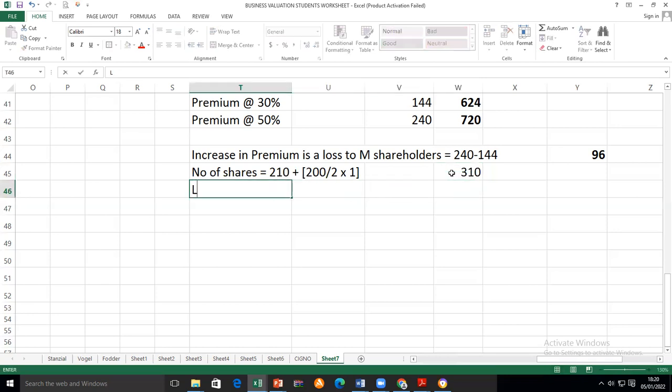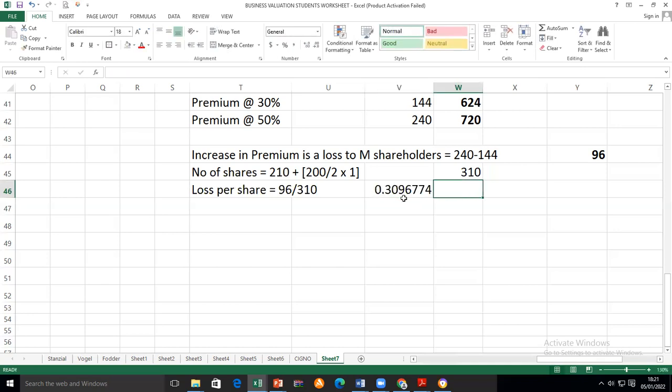So loss per share is 96 divided by 310. That is what you have.